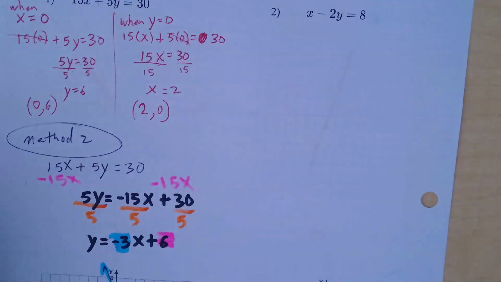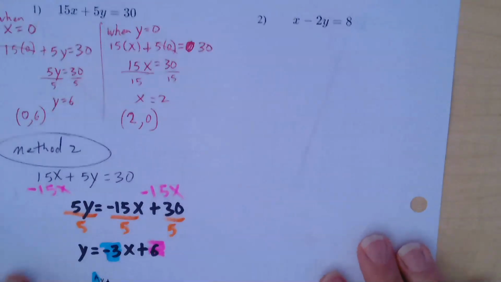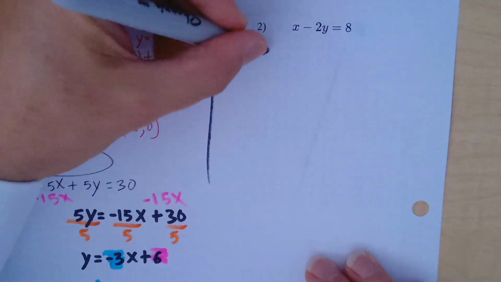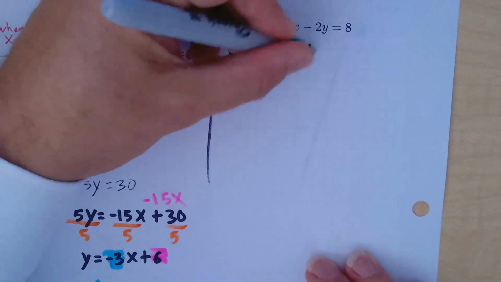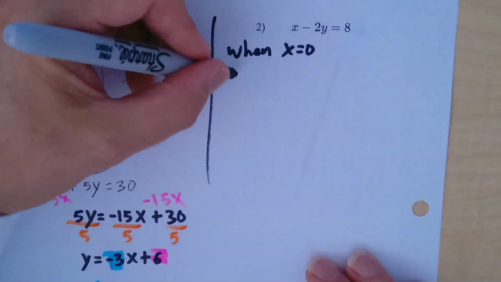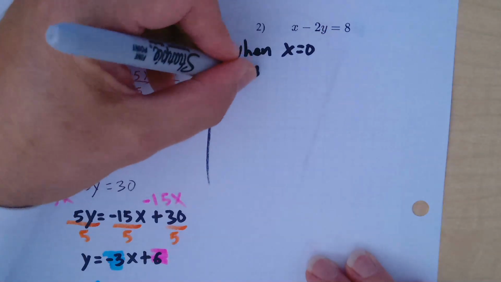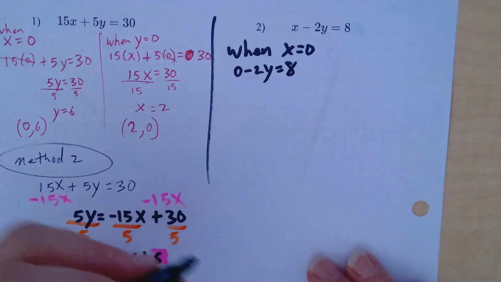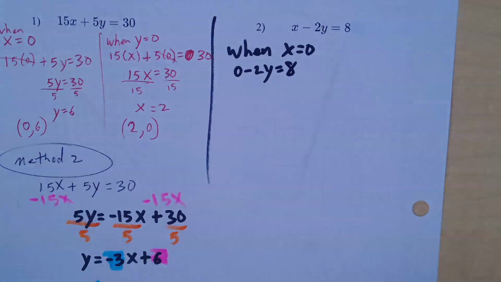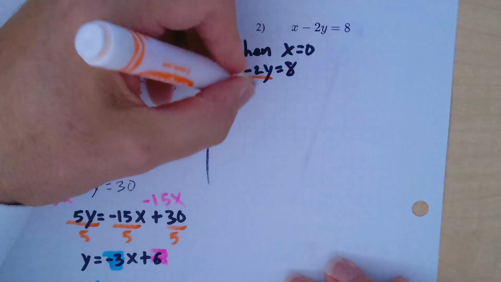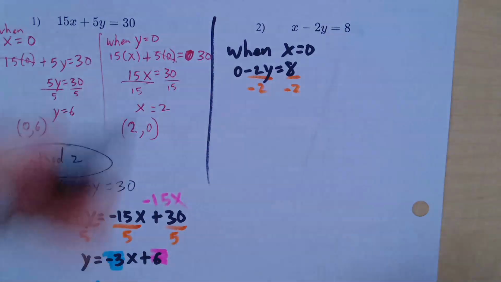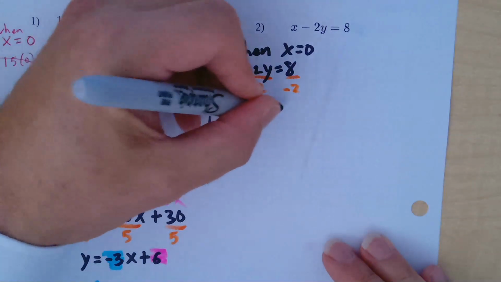So when x is 0, we know that we're going to have 0 minus 2y equals 8. So I can divide both sides by negative 2. And then I end up with y equals negative 4.